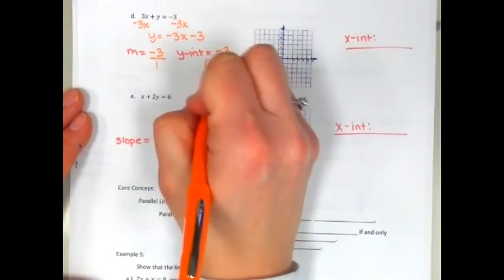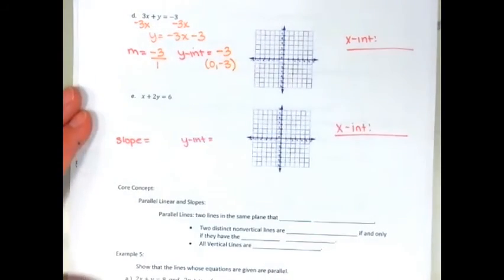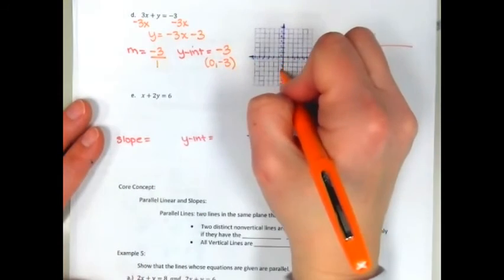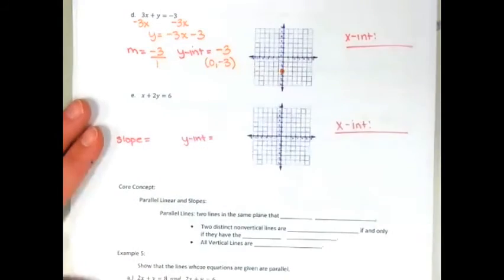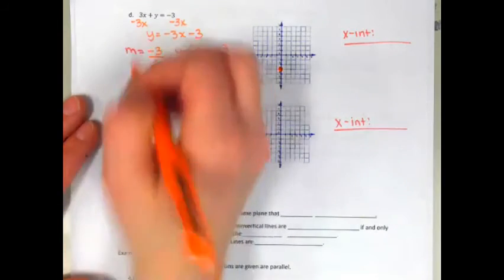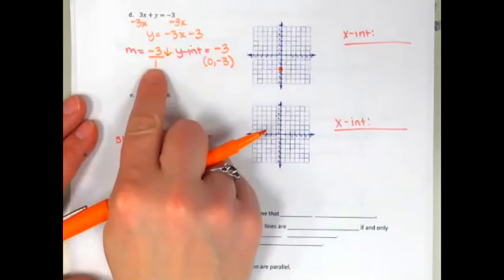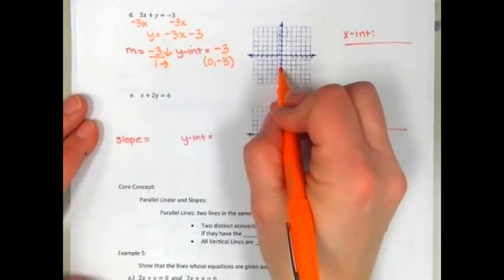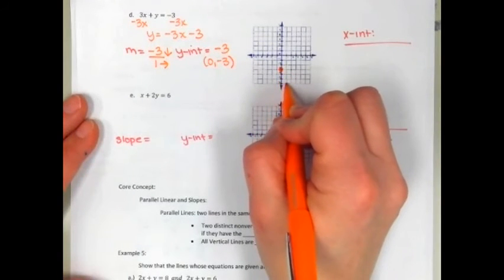Negative 3, or (0, negative 3), right? So how do I graph (0, negative 3)? Down 3, right? Now, my rise is negative 3, so which direction will I go? Down. And my run is positive, so I'm going to go to the right. So down 3, right 1.